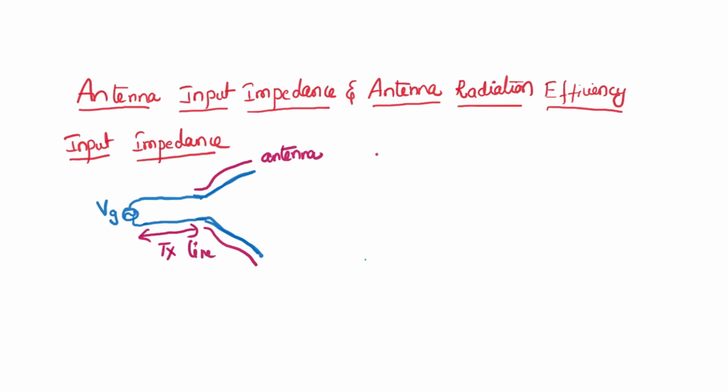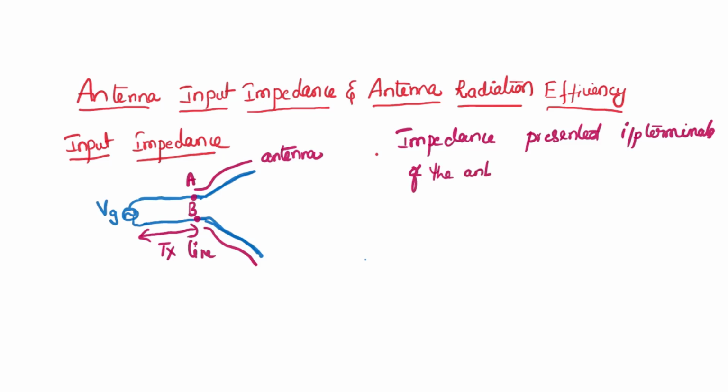Okay. So now consider 2 points, these 2 points, A and B. Now the input impedance is defined as the impedance presented at the input terminals of the antenna.